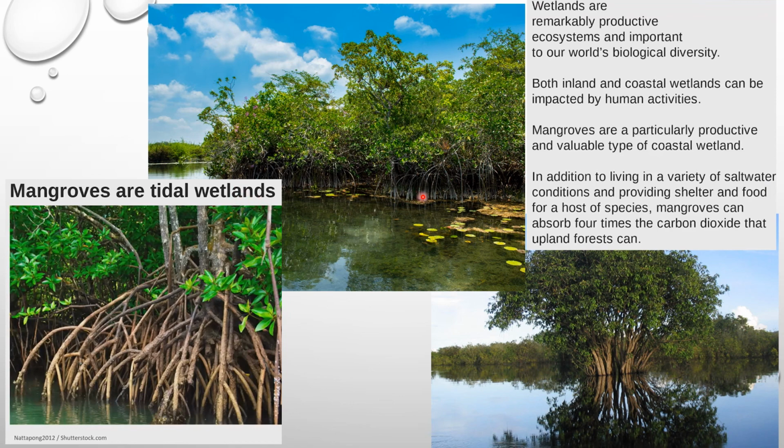So I was probably in no more than 2 or 3 feet of water here, but it's just big enough to show you that with any strong, powerful waves or storms, the land behind this mangrove wetland is going to be very protective from any type of erosion or any type of storm damage that would come from the water. They also absorb 4 times the carbon dioxide that a regular forest on land does. That's huge.